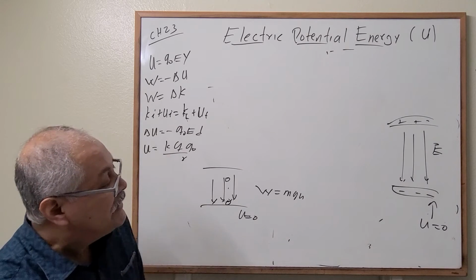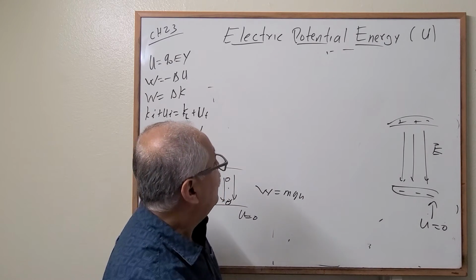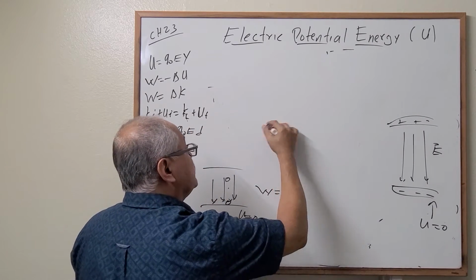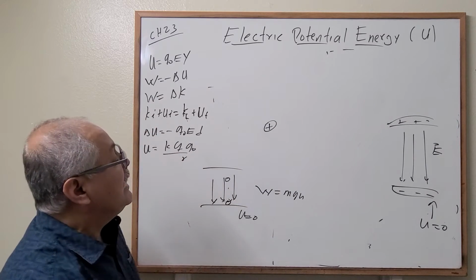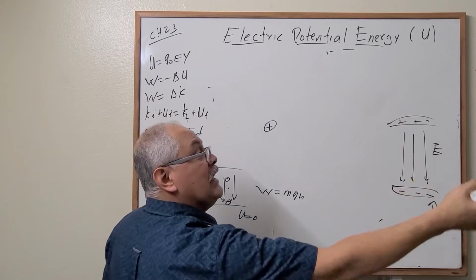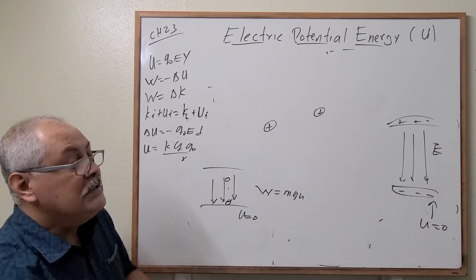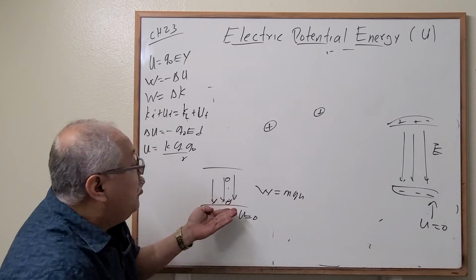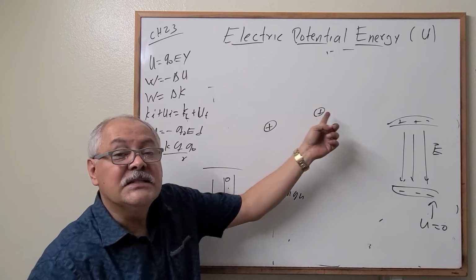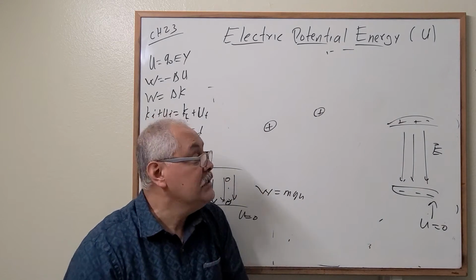What happens for a point charge that is at that position, and we bring another charge and place it there? The same thing as right here. We have to do work because they have the same polarity, the same sign.